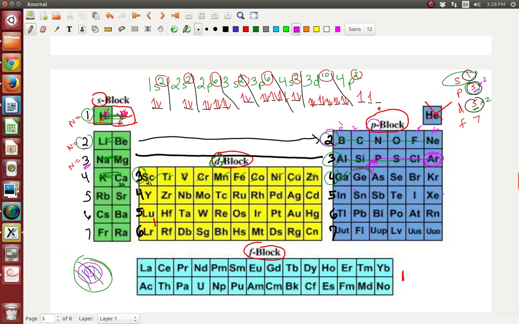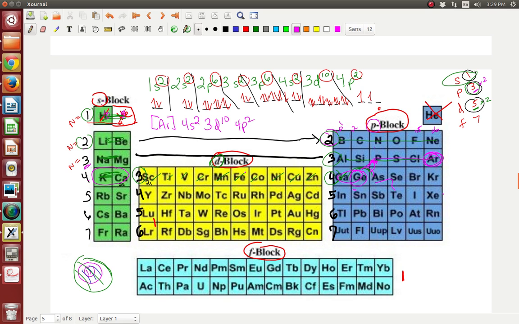There's germanium. We went up and all the way to the end. So you're going to write brackets for argon right there. And now germanium contains everything argon contains plus some extra stuff, plus the 4s2, plus the 3d10, and plus the 4p2.